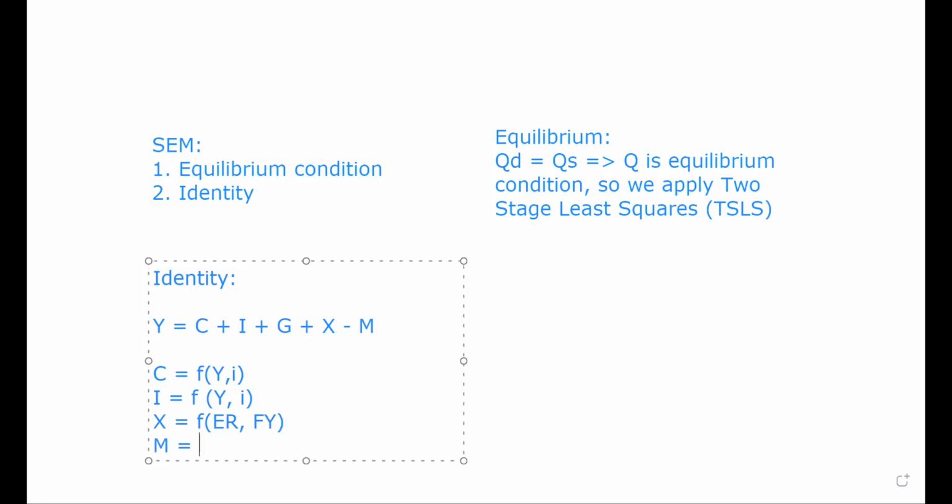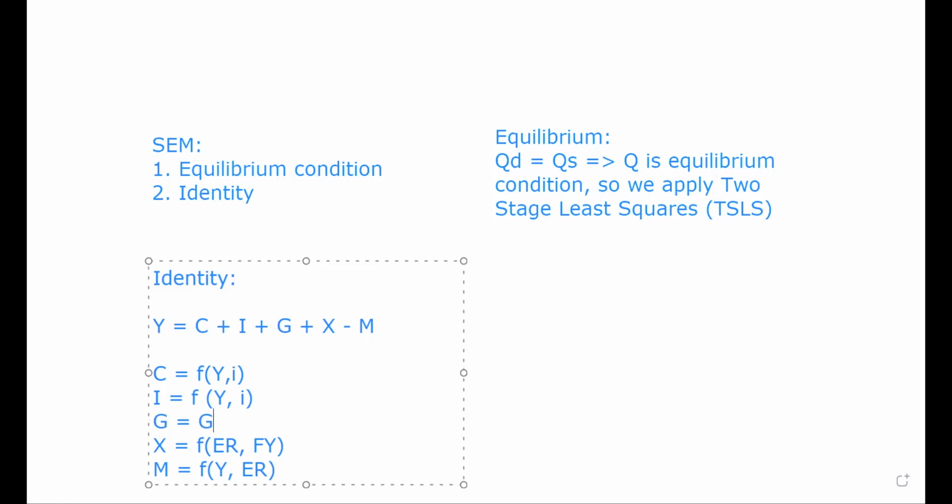Import is determined by domestic income and exchange rate. Here we assume G is an exogenous variable. So here we can use simultaneous equation model, or we can use two-stage least squares.